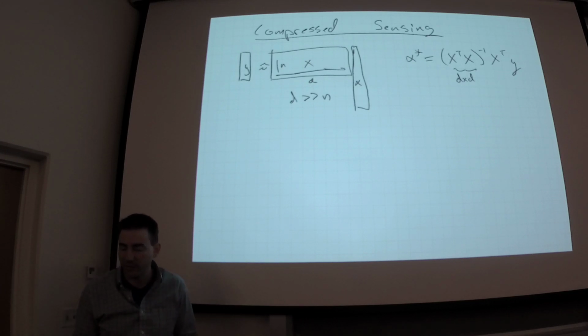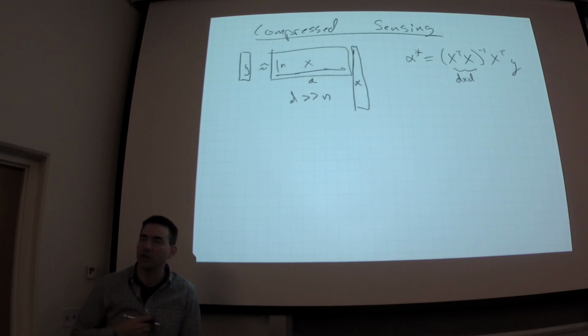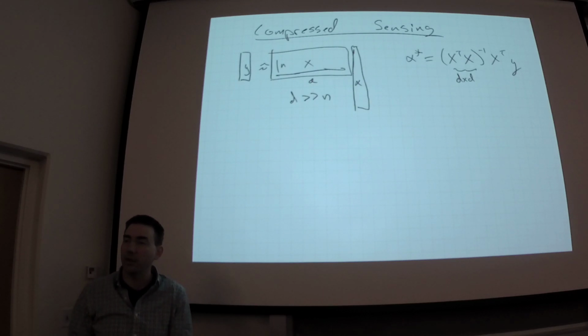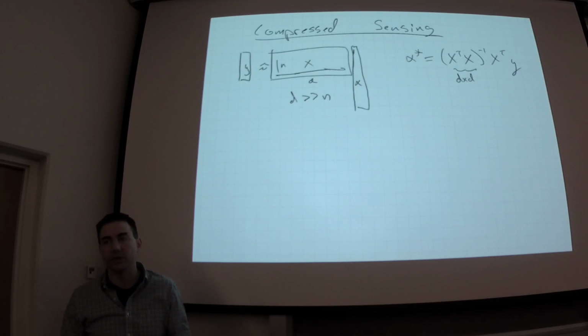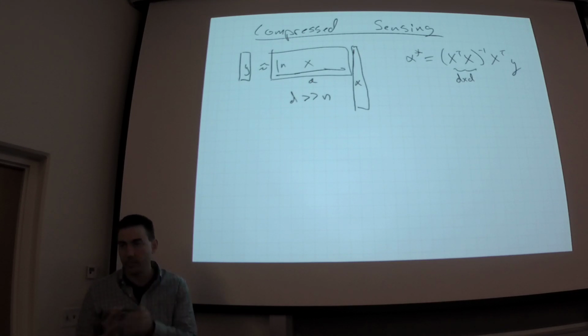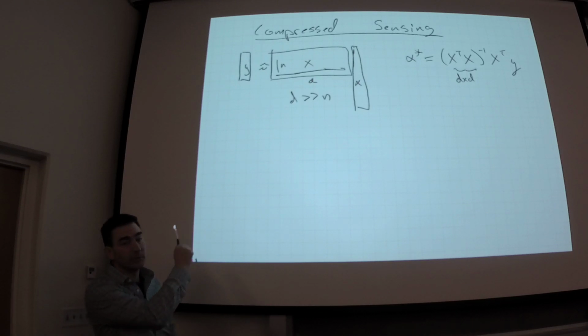But it turns out if instead I use the Lasso formulation where I enforce sparsity and I set the norm to be small enough, then I can actually solve this in a way that makes sense. If you use the Lasso formulation and add an L1 constraint, then this question makes sense again.